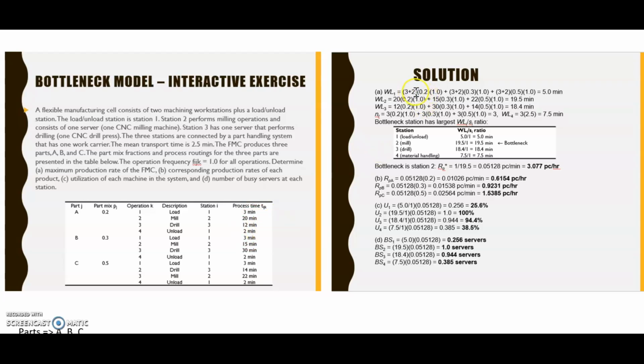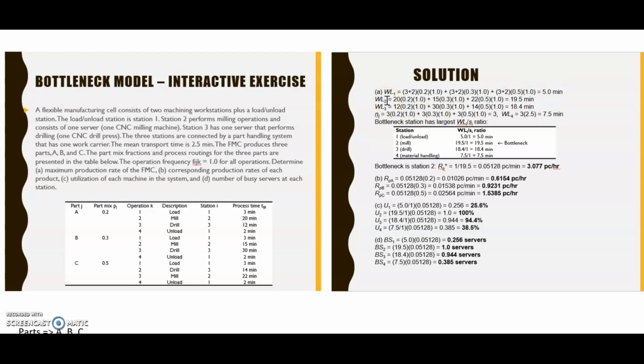So we use 3 plus 2 times the part fraction 0.2 for part A and the operation frequency 1, plus 3 plus 2 times 0.3 for part B and operation frequency 1, plus 3 plus 2 times 0.5 for part C and 1.0 for the operation frequency. Solving the equation, you will get 5 minutes.